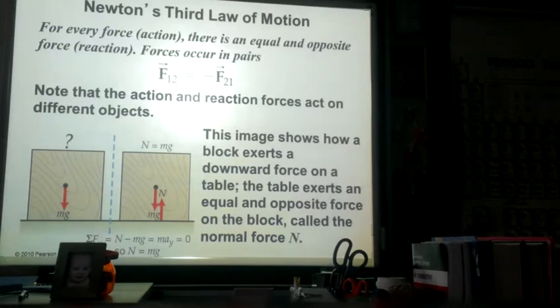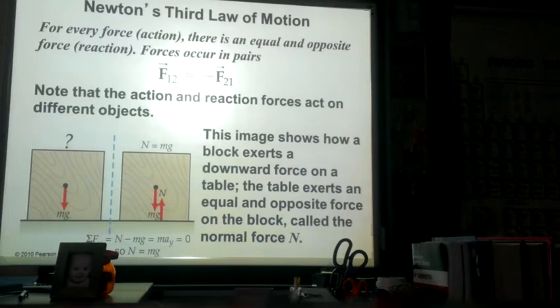So for example, I have a wooden block here, and I know that there's a downward force acting on the table. I know that that downward force is being exerted by the wooden block because it's the block's weight. So mg is just representing my weight force here. This block is pushing down on the table, but the reaction force is going to be the table pushing back up on the block.